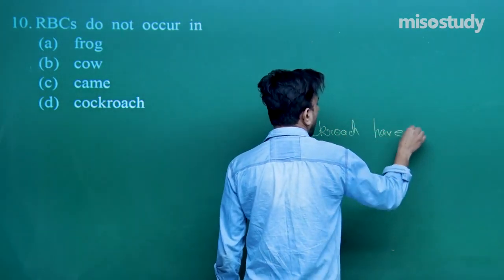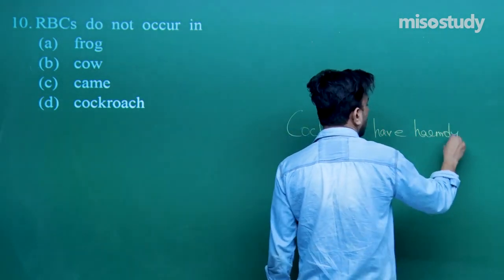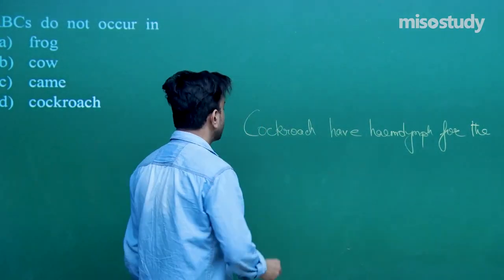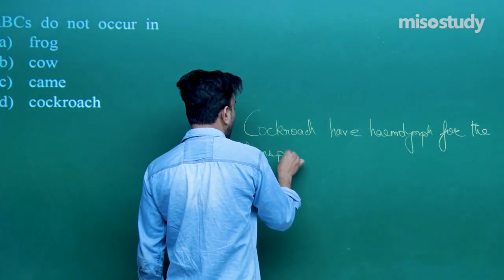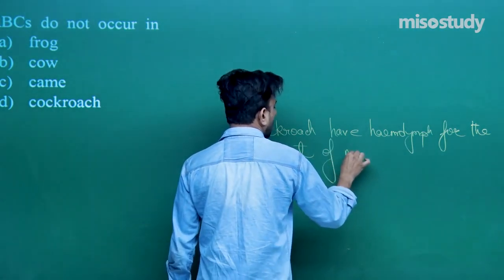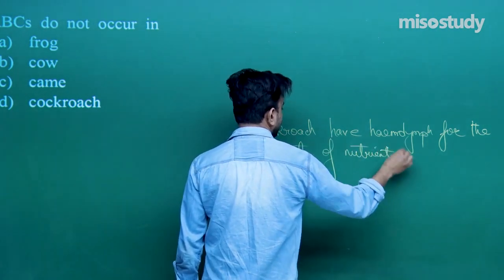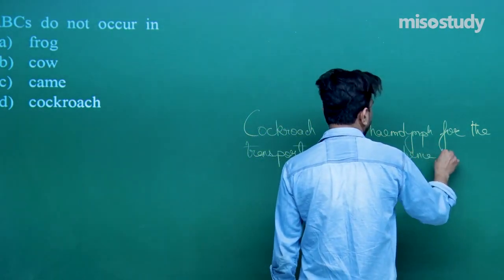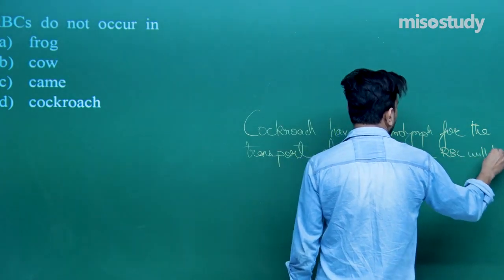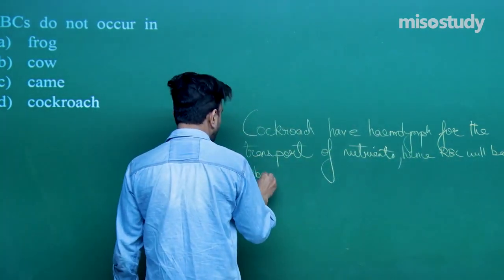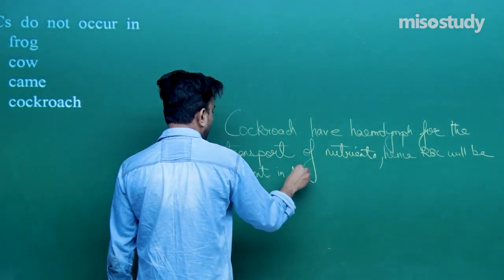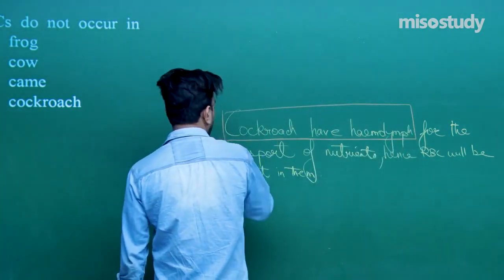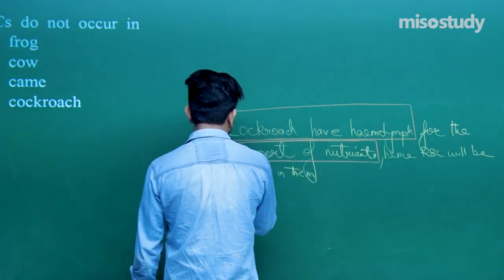Cockroaches have hemolymph for the transport of nutrients, hence RBCs will be absent in them, right.